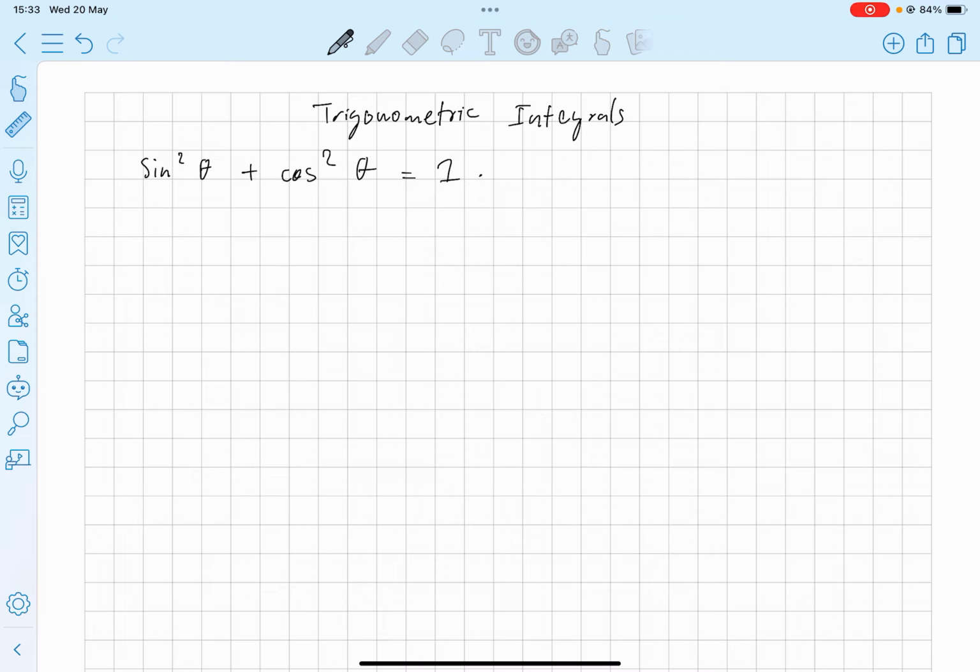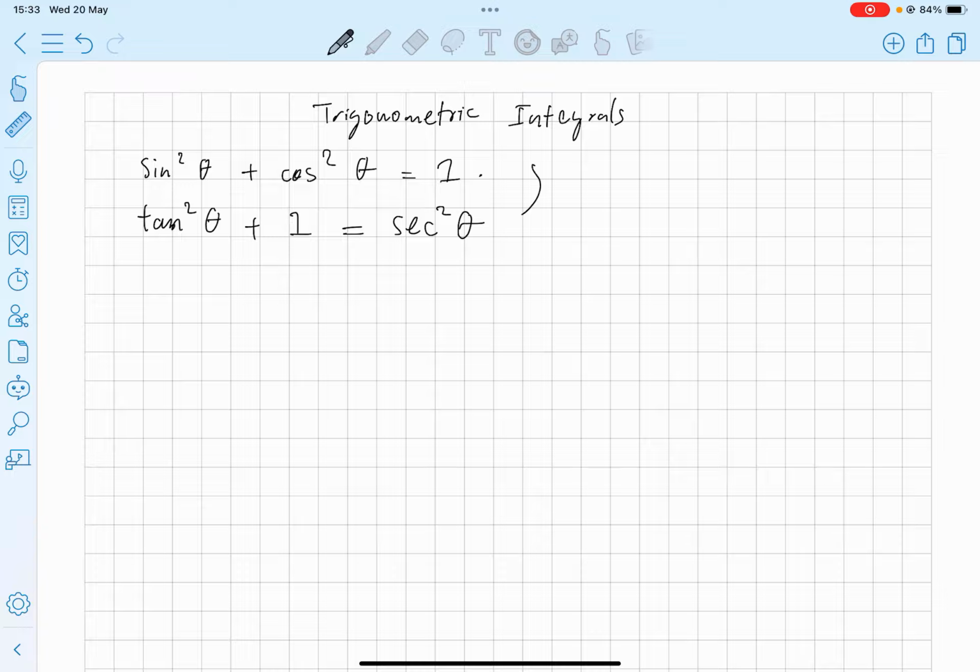From this one you can have two more equations: tangent squared of theta plus 1 equals secant squared of theta.